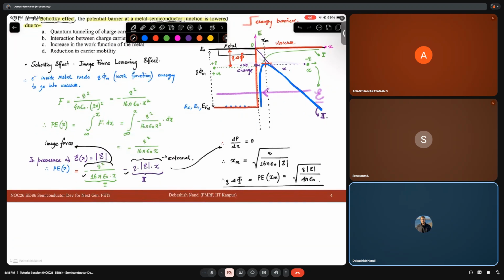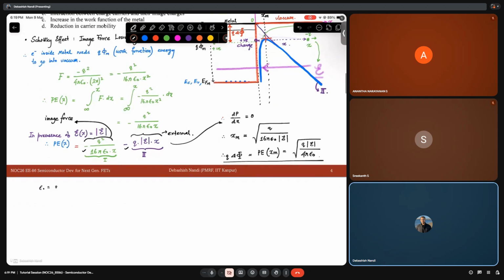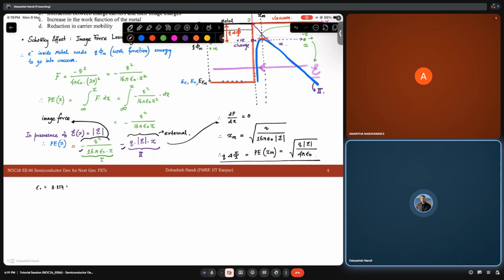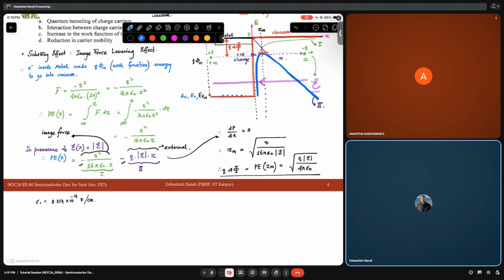Now this is for a metal vacuum system, right? And what is the vacuum epsilon 0? 8.854 into 10 raised to minus 14 farad per centimeter, right? Now let's say you have replaced vacuum with semiconductor, or let's say silicon.